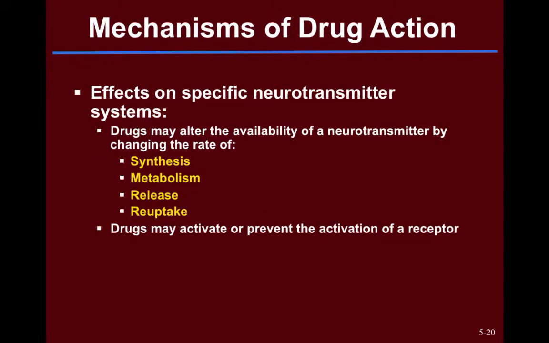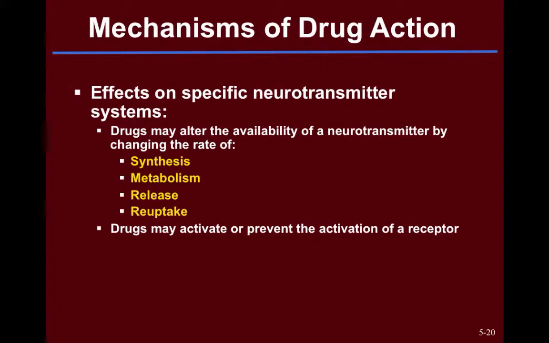So when we talk about drug actions, which we'll be doing throughout the course of the semester, what we're actually talking about is the effects of drugs on those specific neurotransmitter systems that we talked about in our last lecture. So just to recap, we talked about how drugs can alter the availability of a neurotransmitter in many different ways.